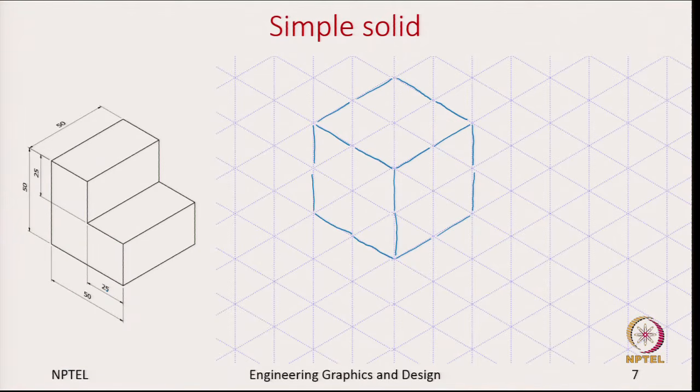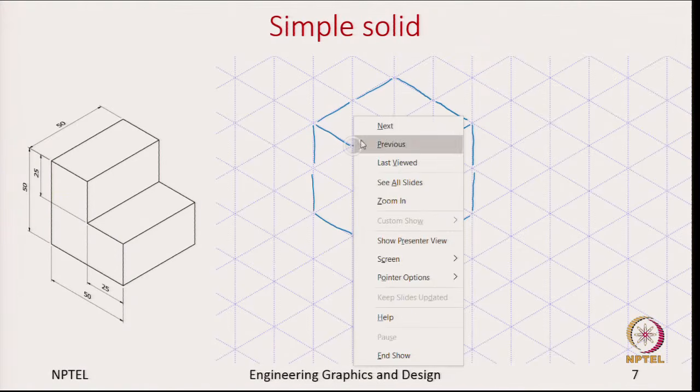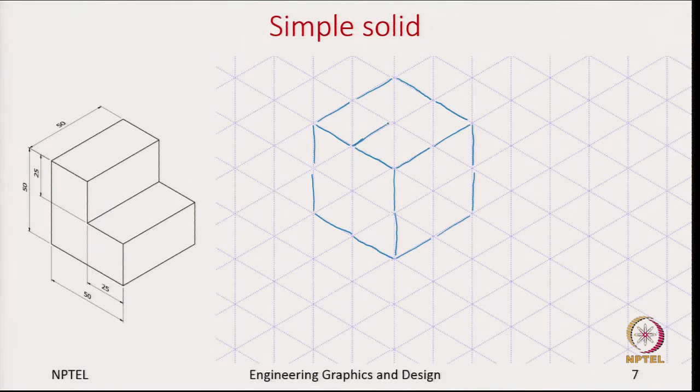So, now what we have is a cube of 2 unit cells, but we know that we need to remove 2 blocks out of it. So, now let us sketch the boundary where we are removing. So, we need this and the vertical line by 1 unit. Now, what we will do is remove the unwanted lines. So, let us erase the unwanted lines. For example, since we are removing this block here, you will not be seeing these lines.